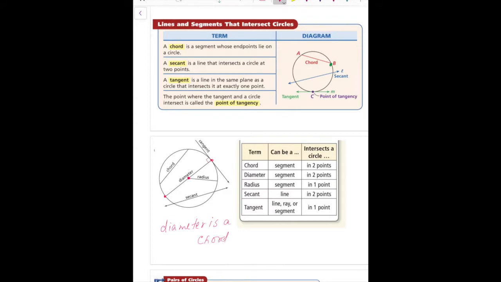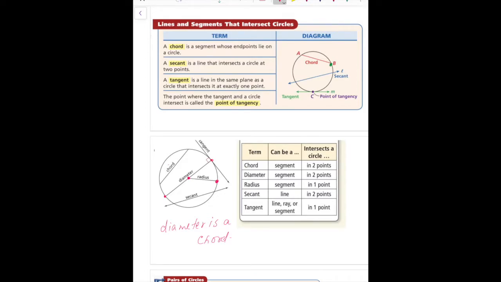A diameter is a chord, but not all chords are diameters. And radius is the segment that joins the center and any point on the circle. And this is a secant and a tangent and a chord.